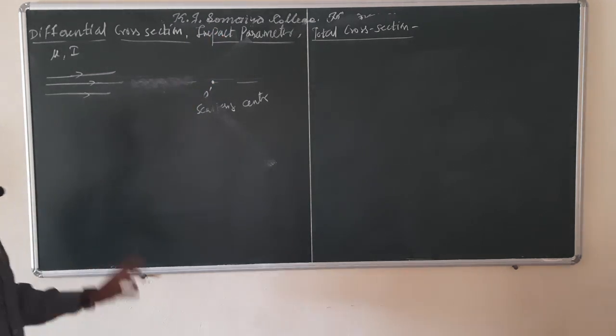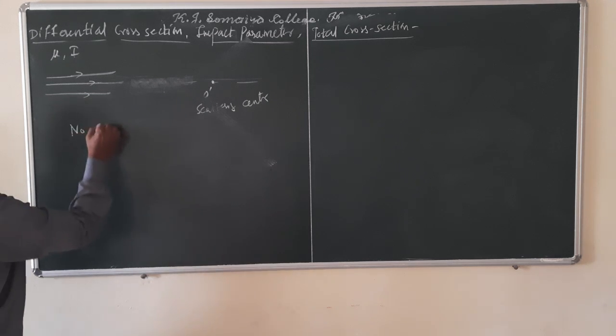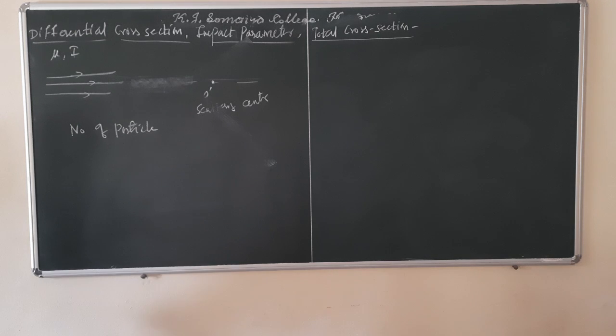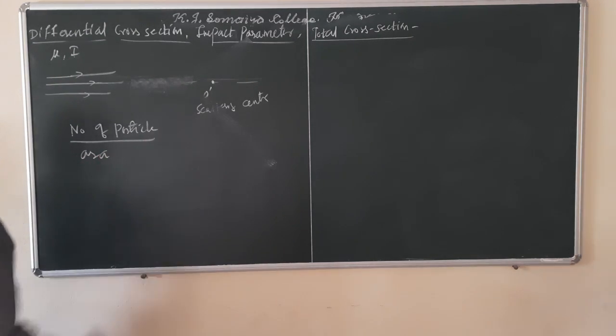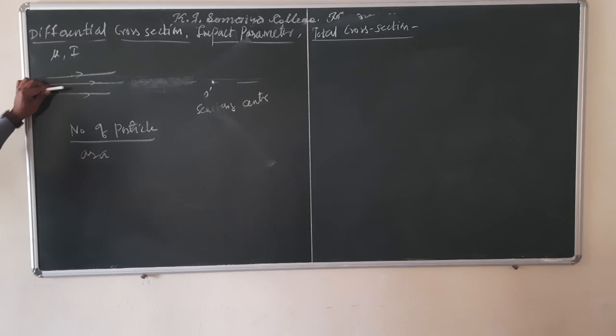Now here we have to take two important concepts. The first one is intensity. How do we define intensity? Intensity is defined as the number of particles coming in the beam per unit area perpendicular to the beam direction. If the beam is like this, then you have to take the area perpendicular to that direction, which is a circle.